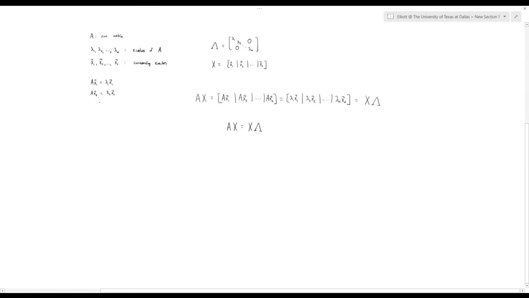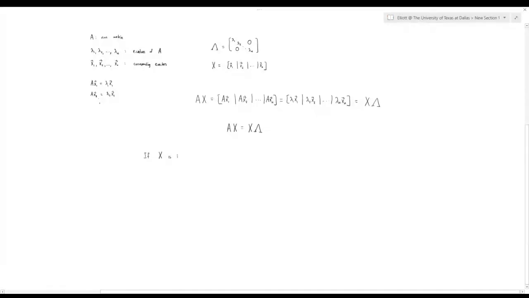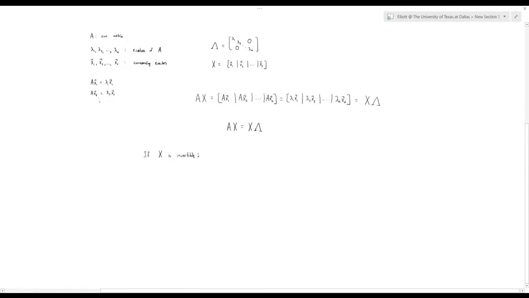Now this is not super useful by itself right now, but if this matrix of eigenvectors X is invertible, then we can move the X over to the other side by multiplying by its inverse.